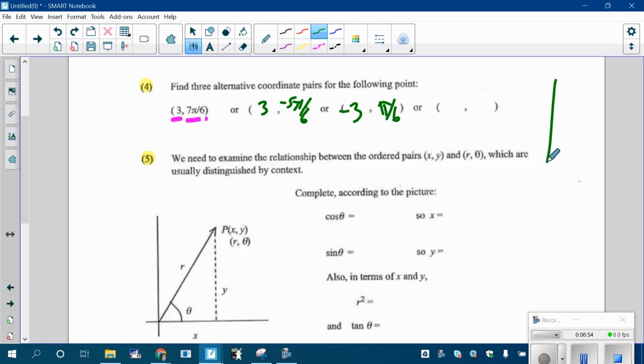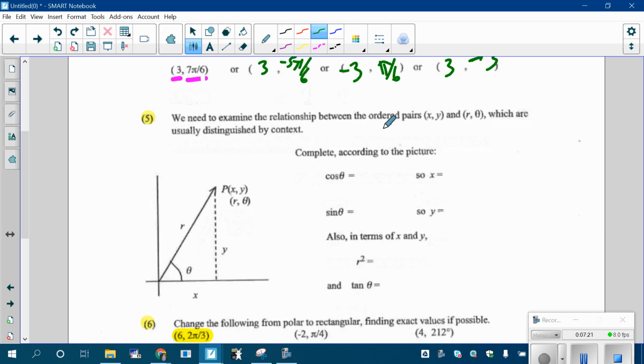Because if you did that, starting at your pole, you go out to pi 6, but then you go backwards that direction. Or you could go out 3 and go to 20 pi 6, which is 10 pi thirds. Okay. Cool. Not the focus though.